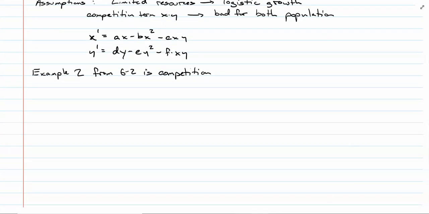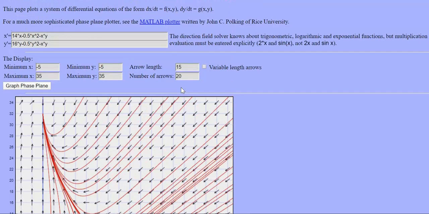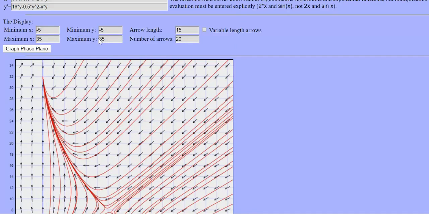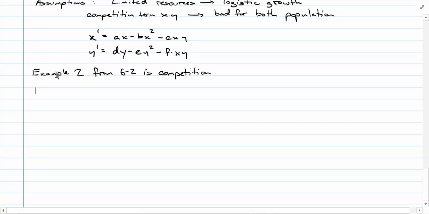So I've typed the equations into my phase plane drawer, and I got a good window so that I could see all the critical points, and I clicked on a lot of different solution curves. That's a good window there. So let me take a picture of that.